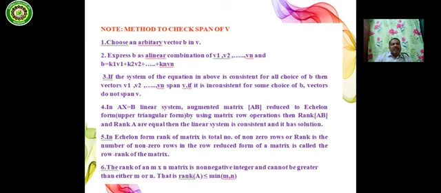How do we decide consistency or inconsistency in the linear system Ax equals b? We define the augmented matrix; the matrix [A|B] is called the augmented matrix.